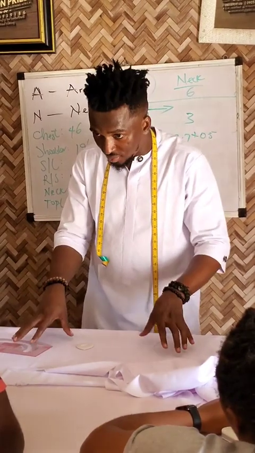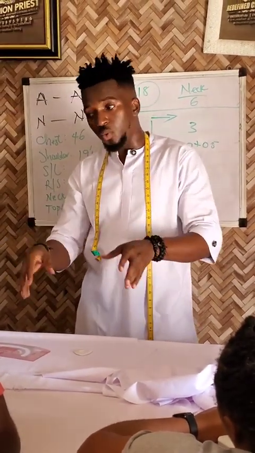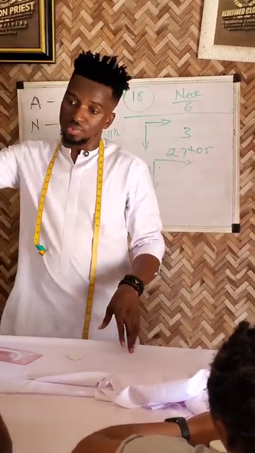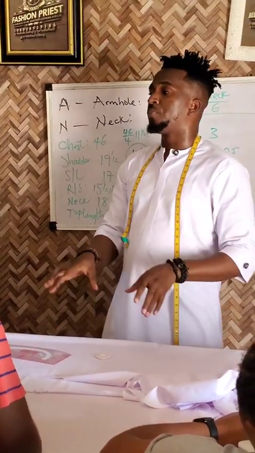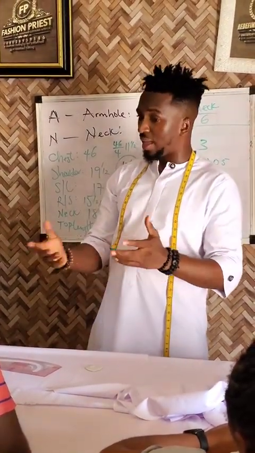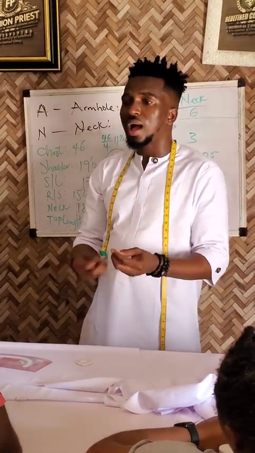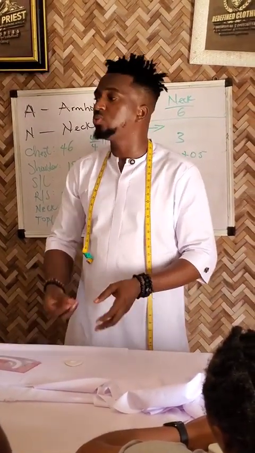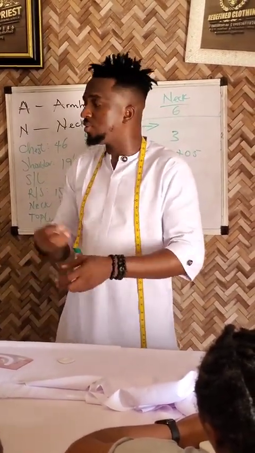Same measurements. You might not cut at the same time. One group might be in the front cutting, another in the back cutting. It might be a simple style, but I want to see how we can remember. I want to see how we can recreate everything I've been teaching.